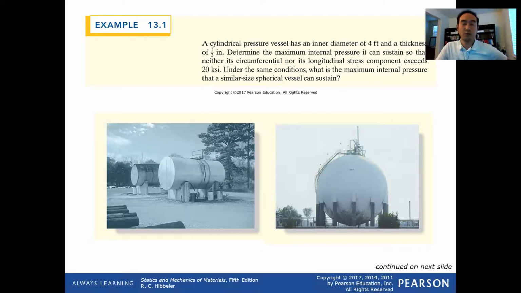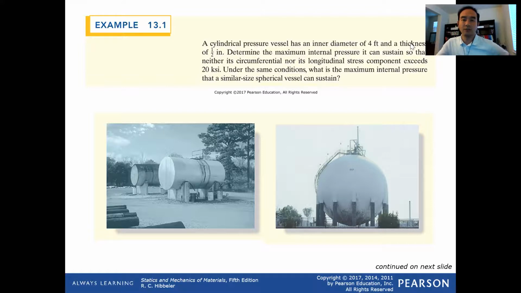A cylindrical pressure vessel has an inner diameter of 4 feet and a thickness of 1/2 inch. Determine the maximum internal pressure it can sustain so that neither its circumferential nor its longitudinal stress component exceeds 20 ksi.